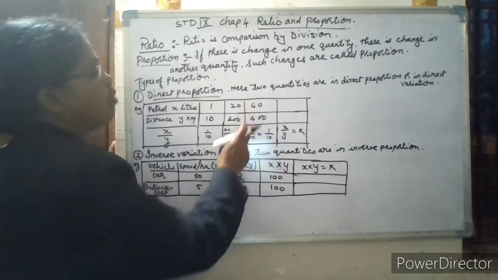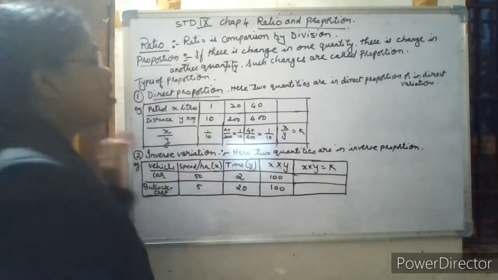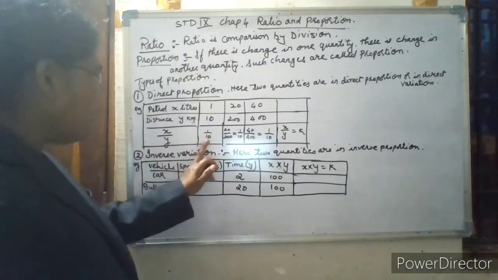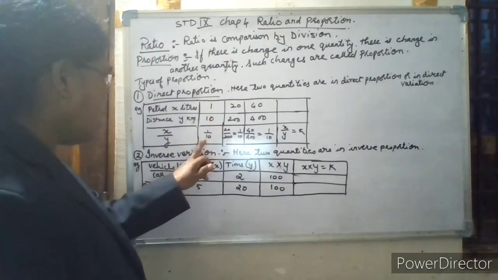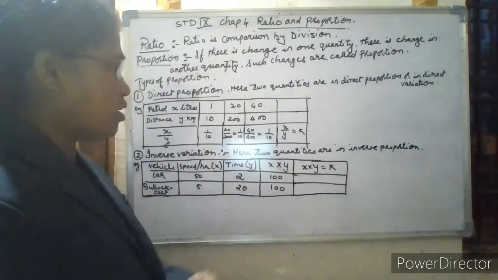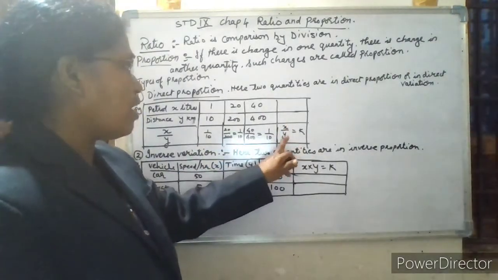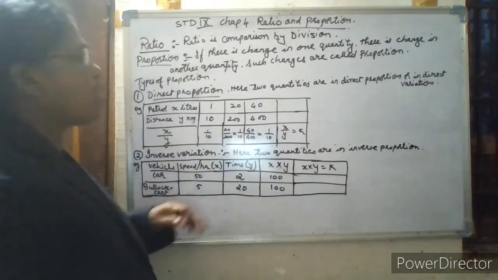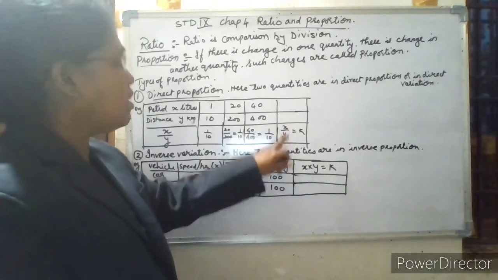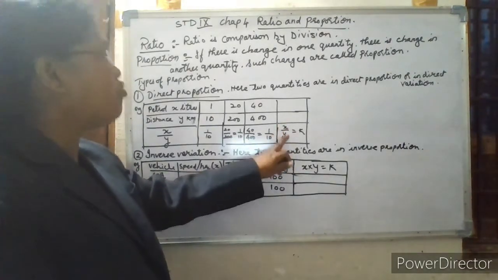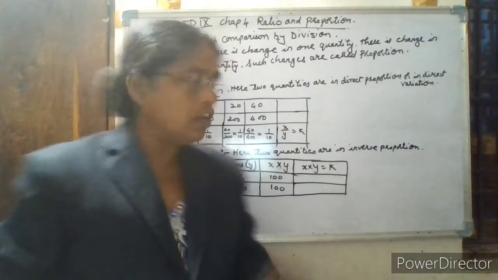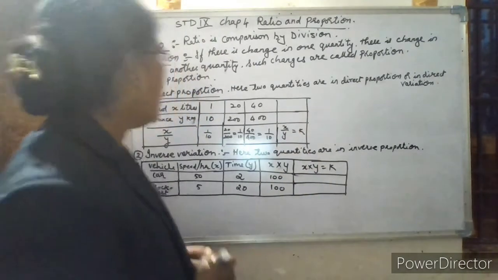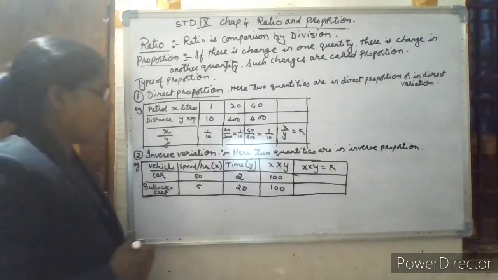Again 40 by 400 is also equal to 1 by 10 only. So all the ratios here are 1 by 10, 1 by 10, 1 by 10. That means X by Y is equal to a constant K. So the ratio of the two quantities is constant. If the ratio of the two quantities is constant, then it is direct variation.